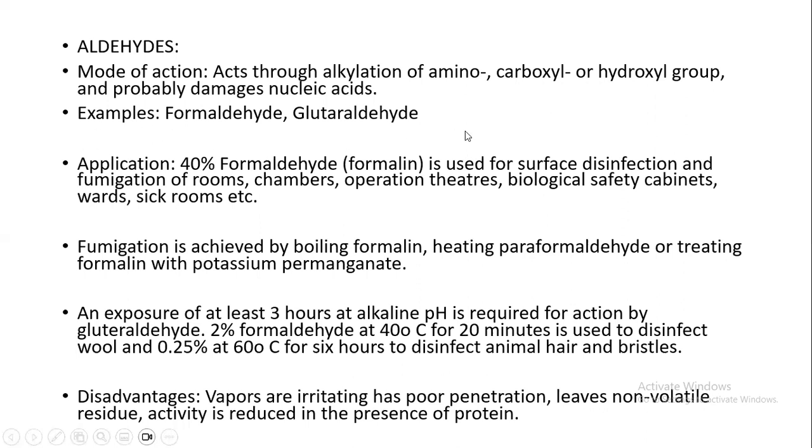Examples include formaldehyde and glutaraldehyde. 40% formaldehyde solution is commonly used for disinfection of operation theaters, biosafety cabinets, fumigation of labs, etc. Exposure for at least 3 hours at alkaline pH is required for the action of glutaraldehyde. 2% formaldehyde solution at 40 degrees Celsius for 20 minutes is used to disinfect wool, and 0.25% at 60 degrees Celsius for 6 hours to disinfect animal hair and bristles.